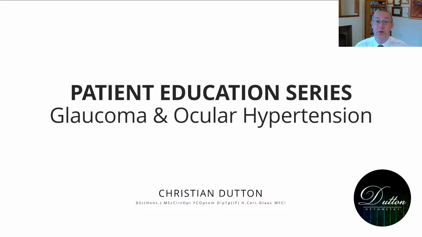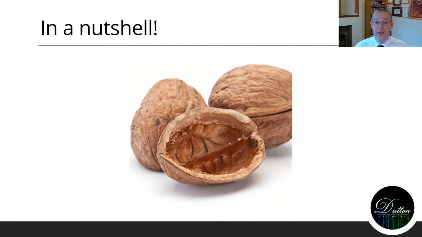Today we're going to be talking about glaucoma and an associated condition, ocular hypertension. In a nutshell, ocular hypertension is where the pressure inside the eye becomes raised, not related to blood pressure. Glaucoma, on the other hand, goes a step further than that. Usually the pressure is raised and that in turn causes damage to the optic nerve at the back of the eye.